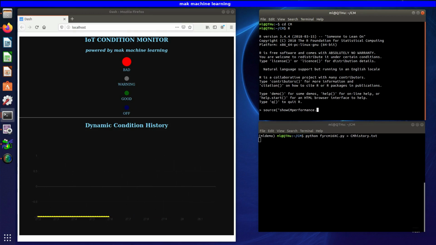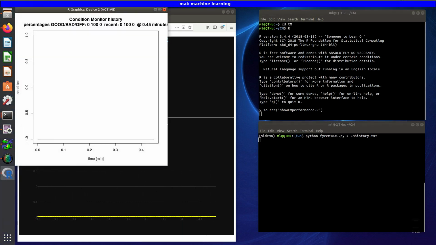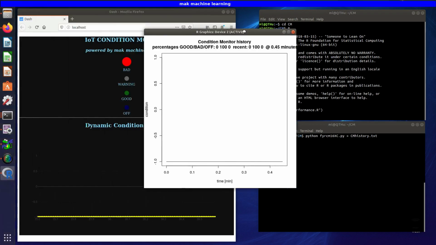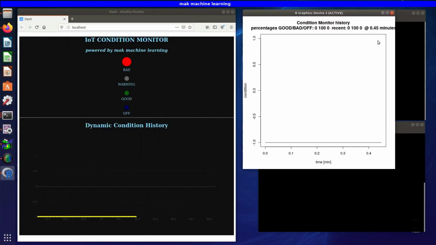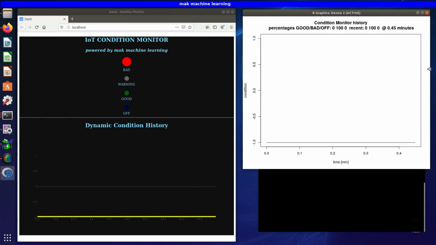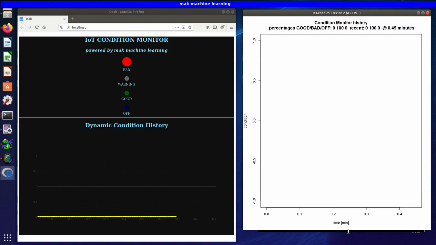Starting the performance monitor, which is available with some time delay. Here we are, showing a flat line at -1. That is, classification is 100% bad, which means no error so far. Watch the statistics at the top.